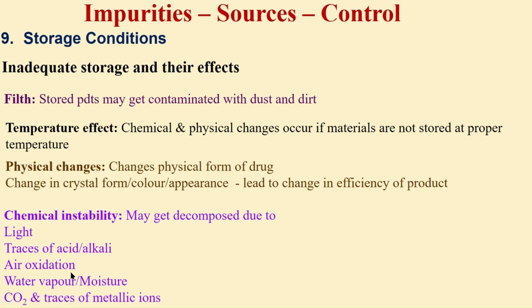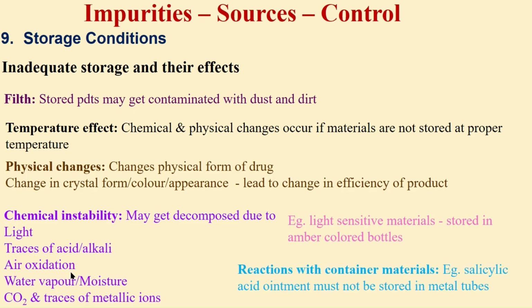What are the ways to control? Light sensitive materials should be stored in amber colored bottles rather than in normal bottles. The reaction with a metallic container may occur, which can introduce metallic ions into the product.